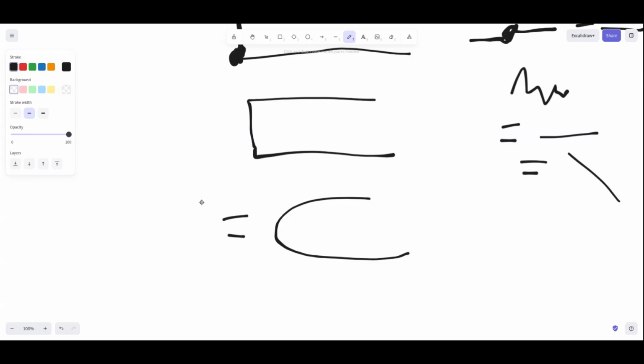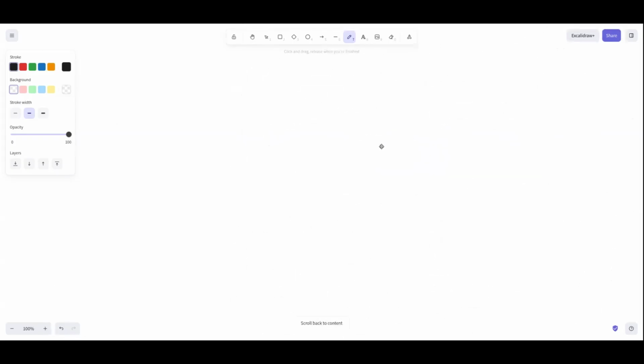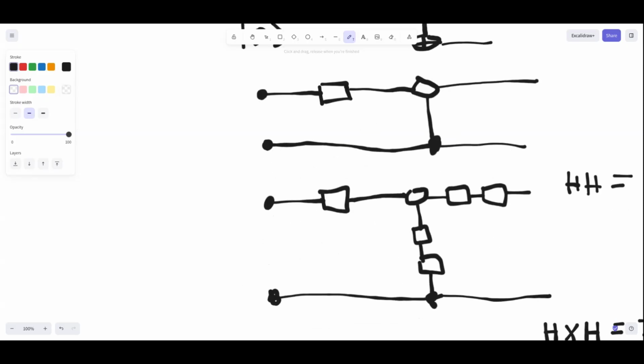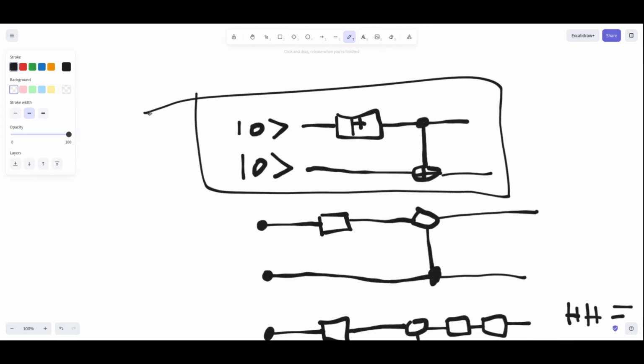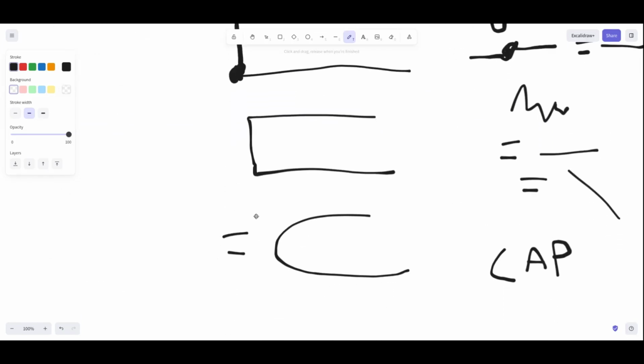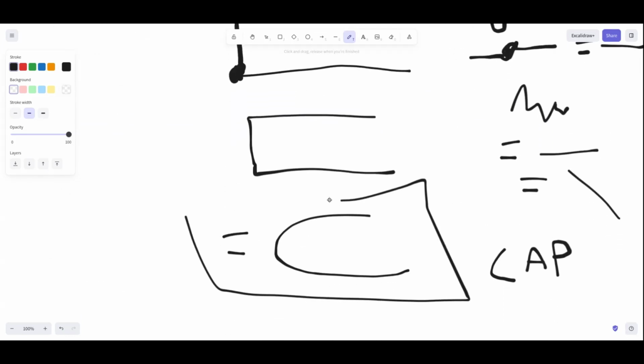So it's just the cap. So we just proved that this circuit is equal to the cap. That's it.